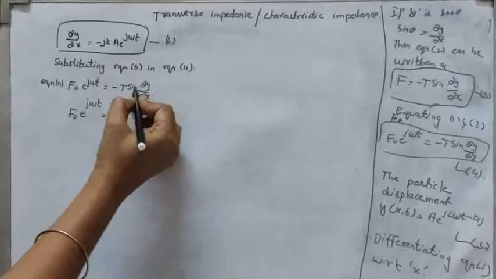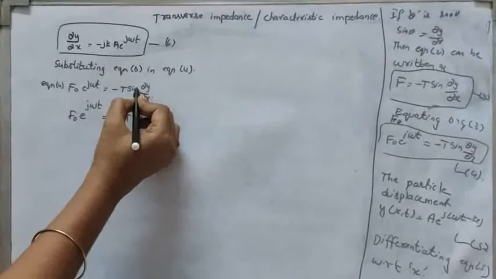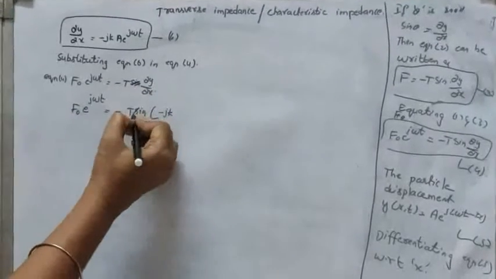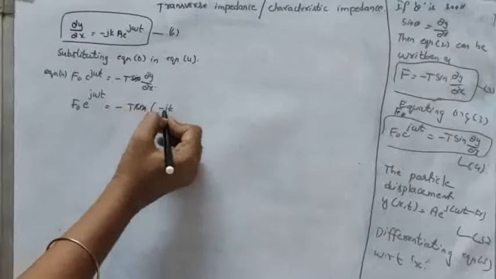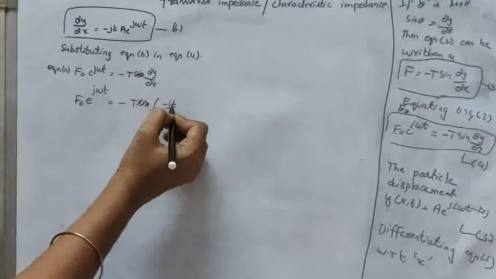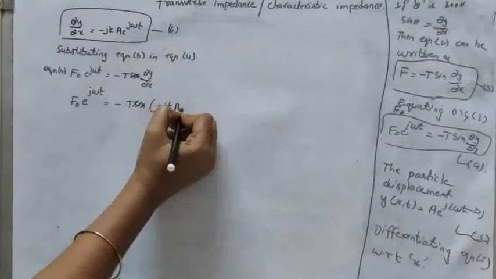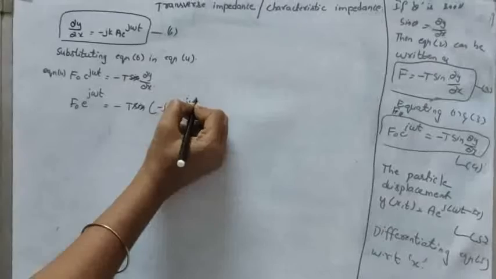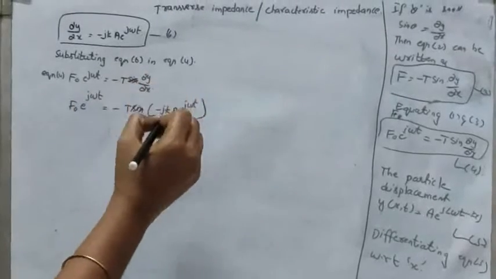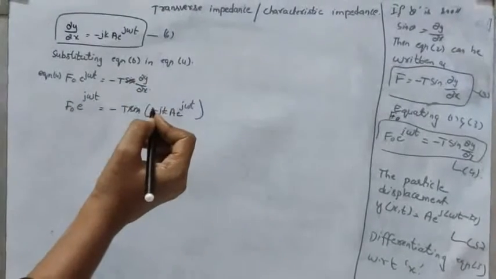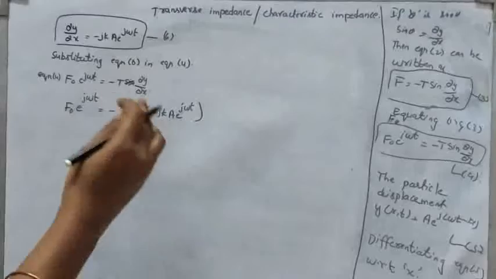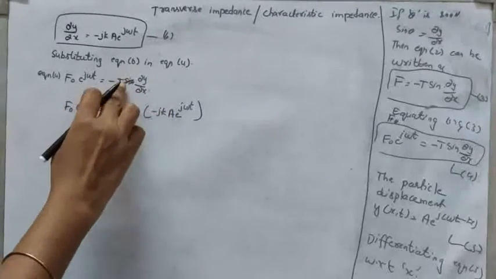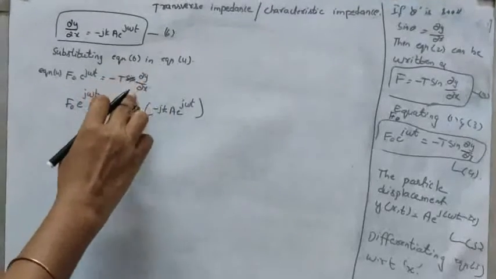Sine theta value is nothing but ∂y/∂x. Because overall we have considered sine theta equal to ∂y/∂x, in place of sine theta we substitute ∂y/∂x.